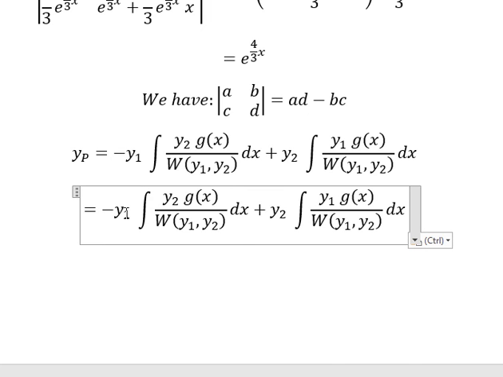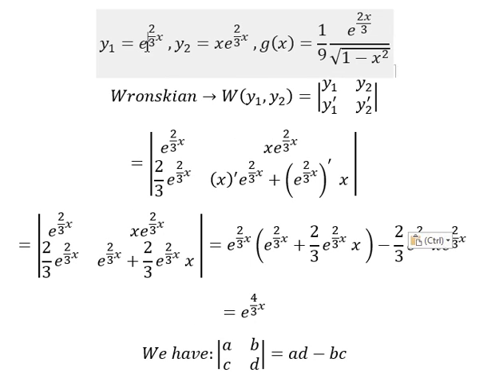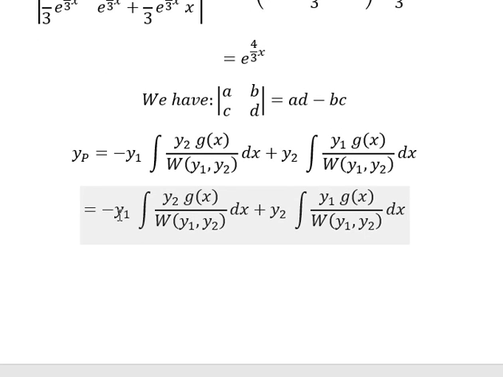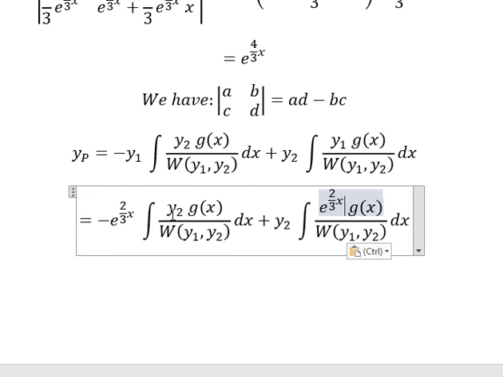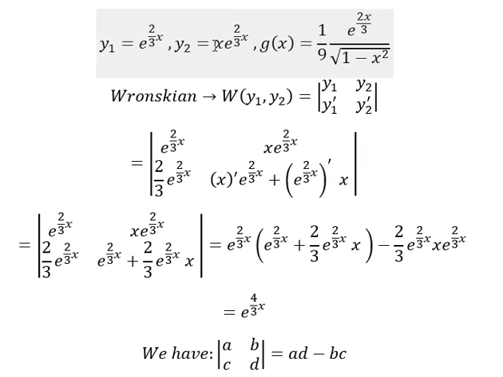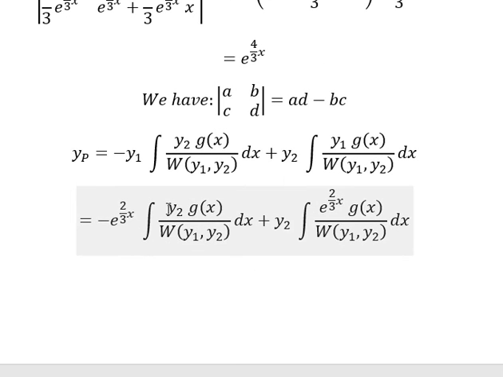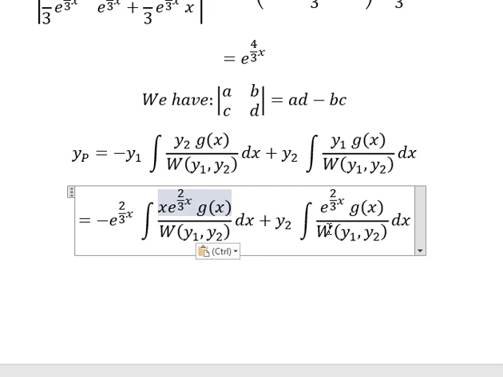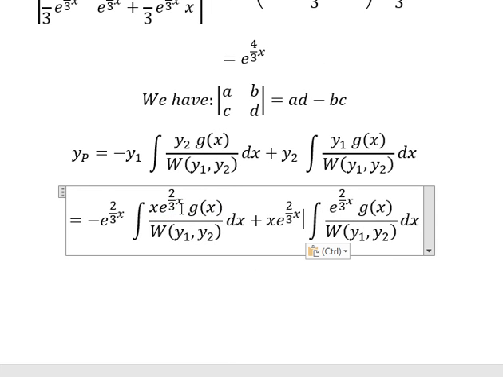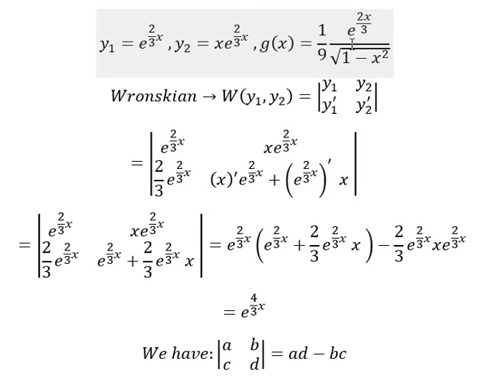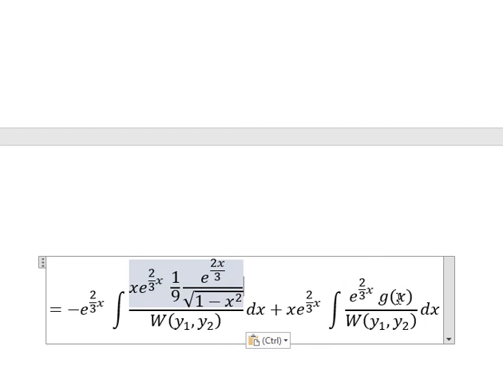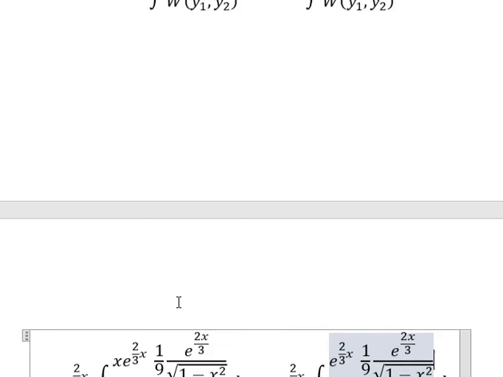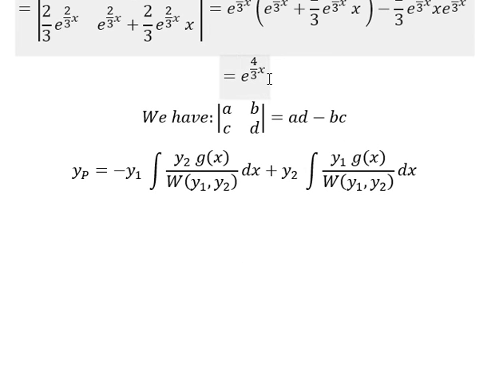So y1, that is this one, and this one. Y2, that is this one, and this one. 3s, that is this one. Wronskian, that is this one.